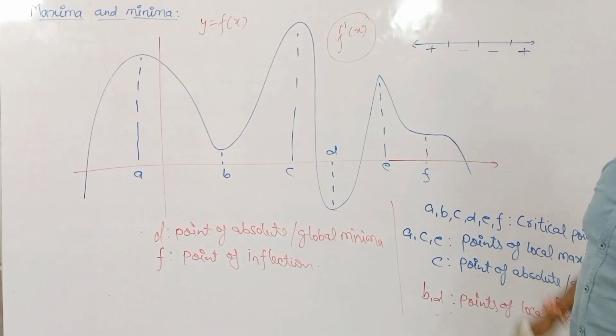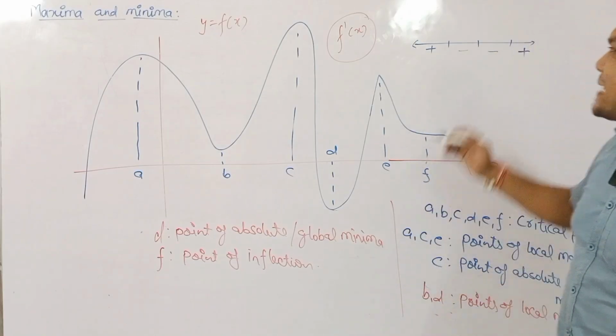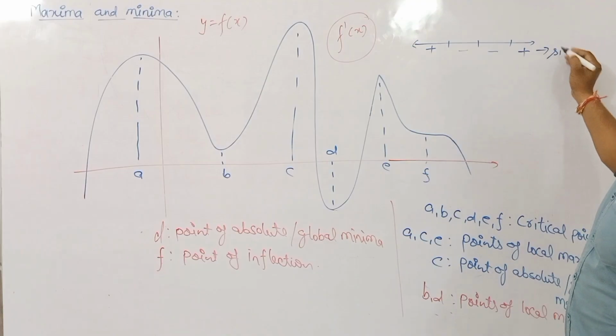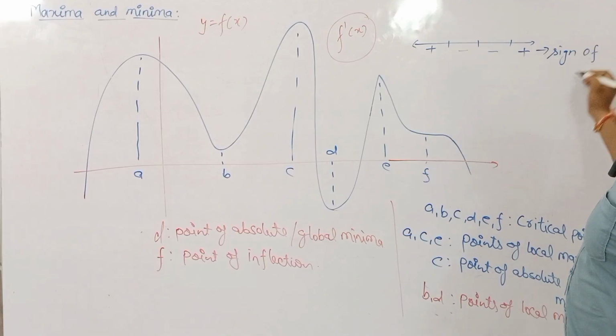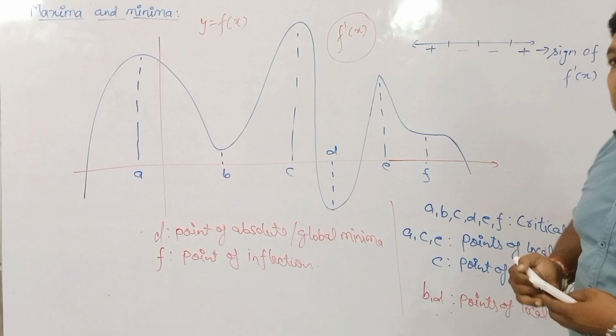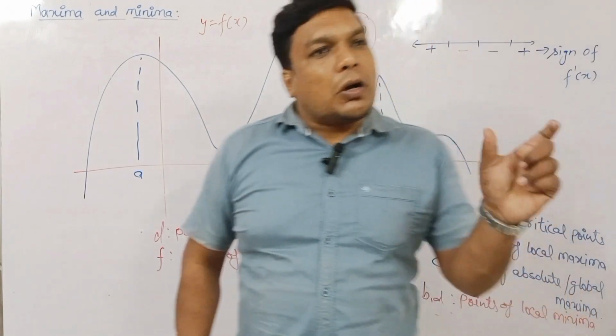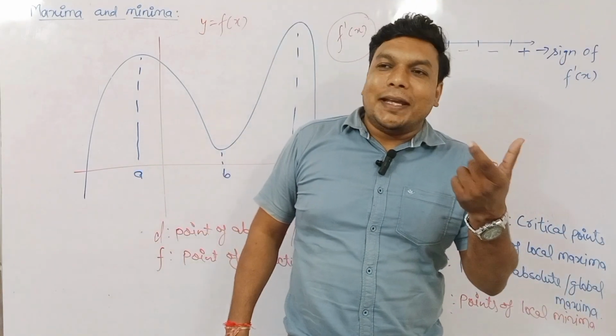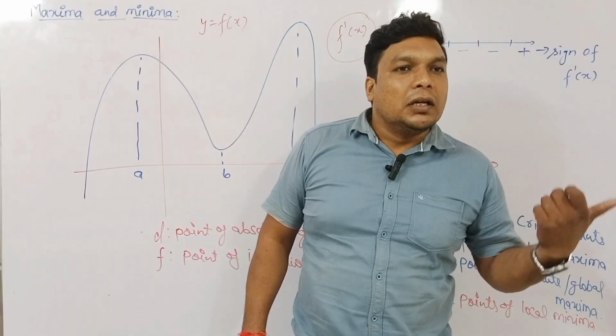And suppose this is plus. These are the signs of f dash x. Now when we talk about increasing or decreasing function, we talk about intervals. That function interval में function कैसा होगा, increasing होगा या decreasing.